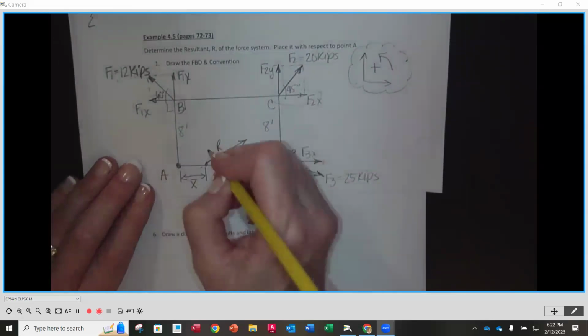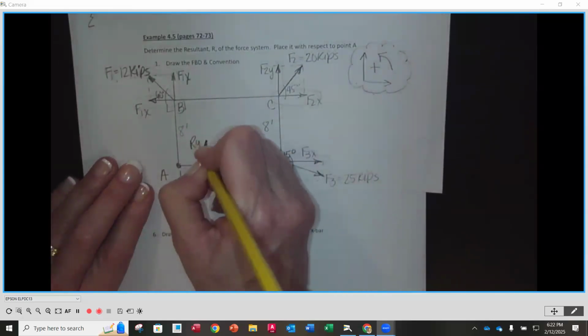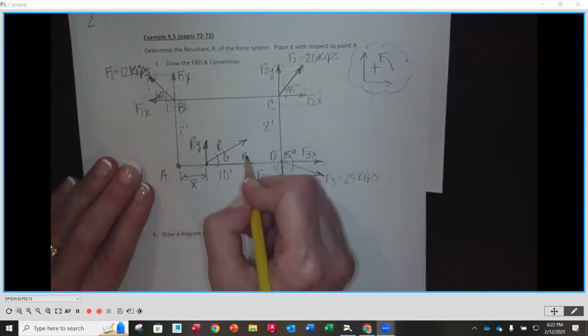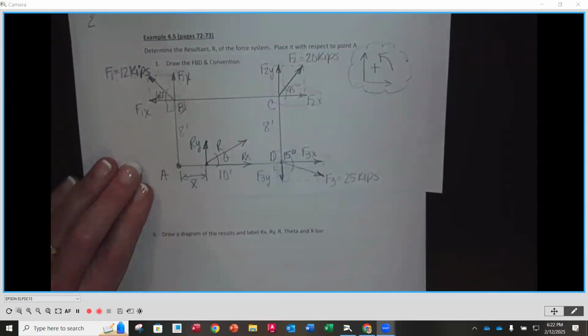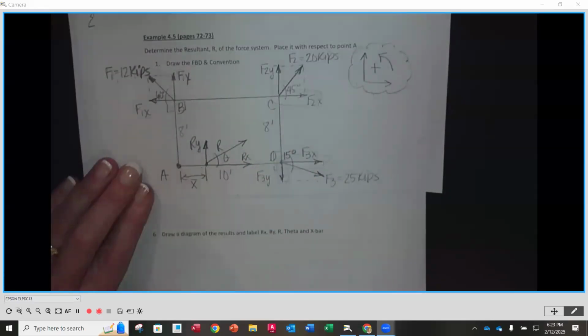But we already know that there was an RY component and an RX component, right? Which one of those two components has a perpendicular distance to point A? The RY, that's right, Tim.